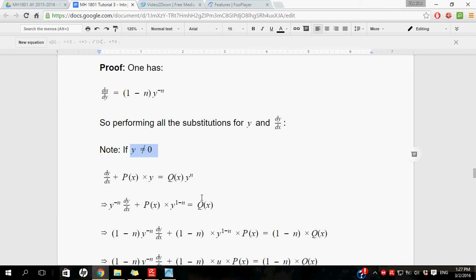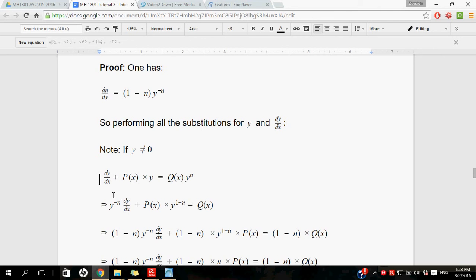Once I make this assumption, I can divide everywhere by y^n. My right hand side just becomes q(x). And this y would become y^(1-n), and I will of course multiply y^(-n) to dy/dx.